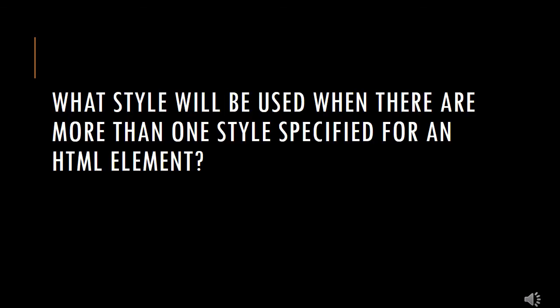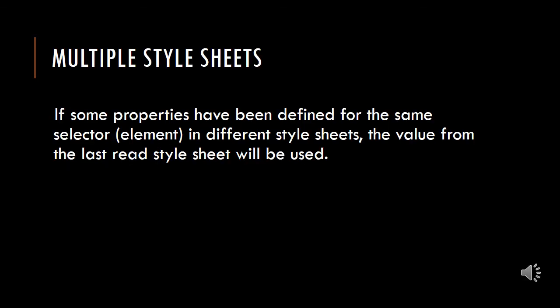What style will be used when there are more than one style specified for an HTML element? If some properties have been defined for the same selector or element in different style sheets, the value from the last read style sheet will be used.